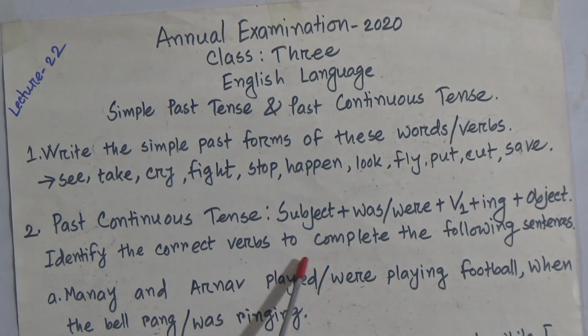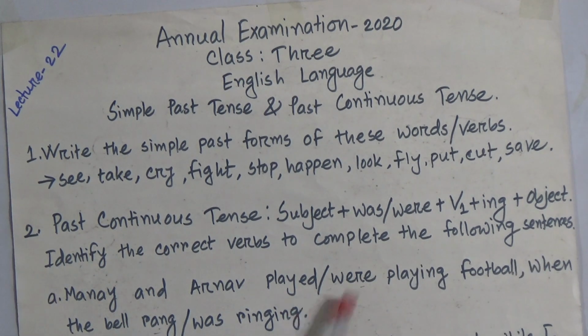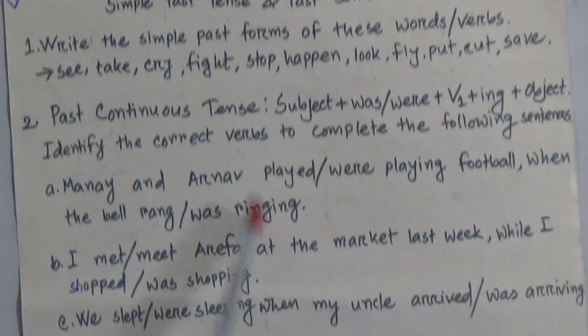Identify the correct verbs to complete the following sentences. Number A, Manav and Arnav played or were playing football when the bell rang or was ringing.